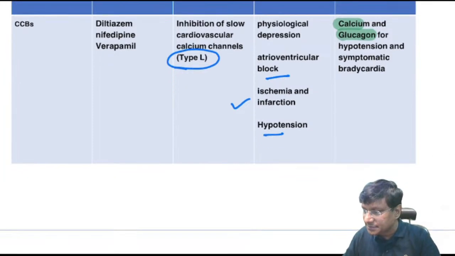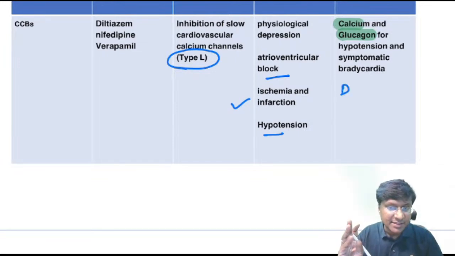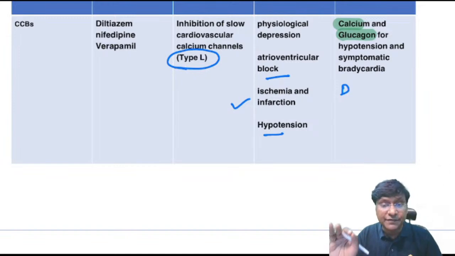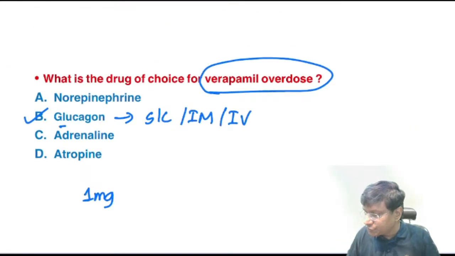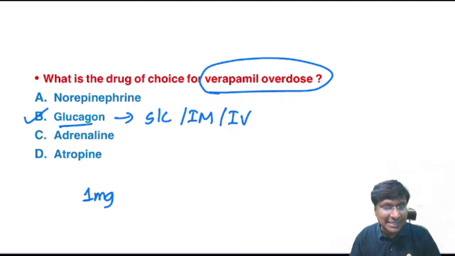Now what about the other drugs like dopamine, epinephrine, norepinephrine, atropine, isoproterenol? They are less often effective, but they can be used adjunctively. Even in case of verapamil overdose, the drug of choice will be glucagon. The other drugs are used only adjunctively.